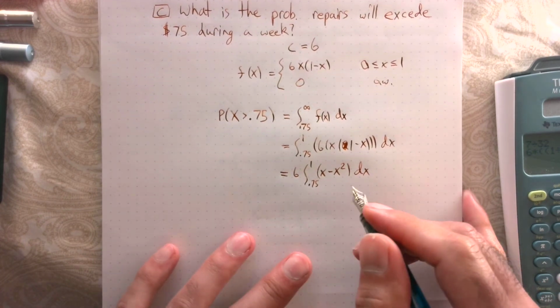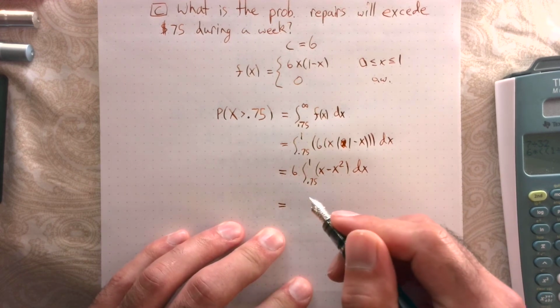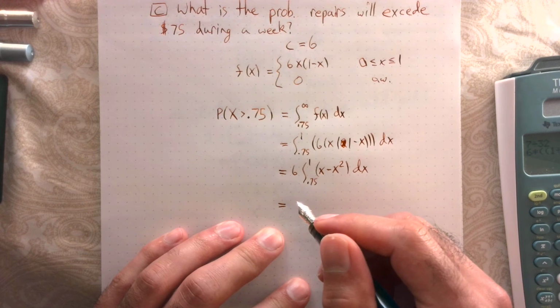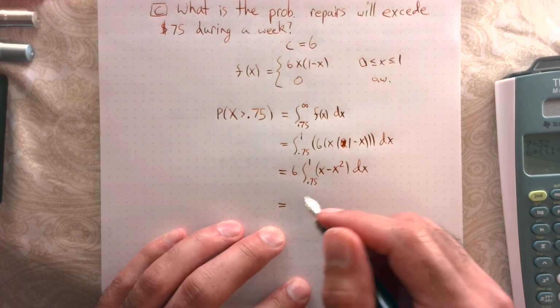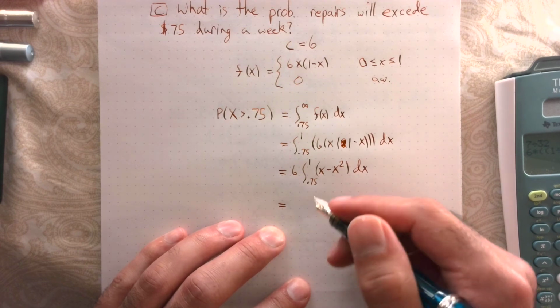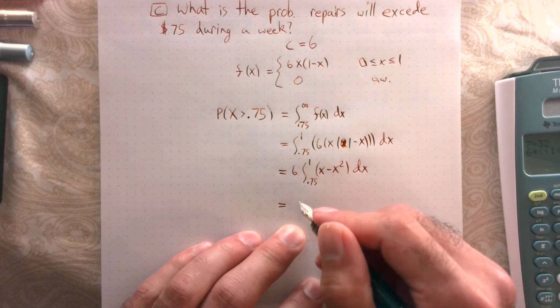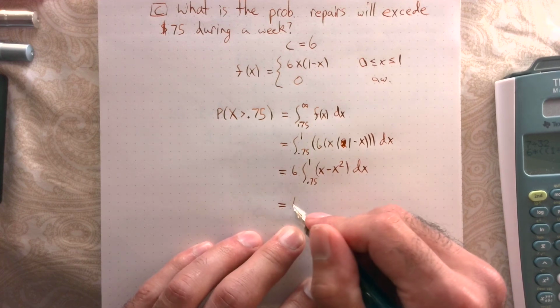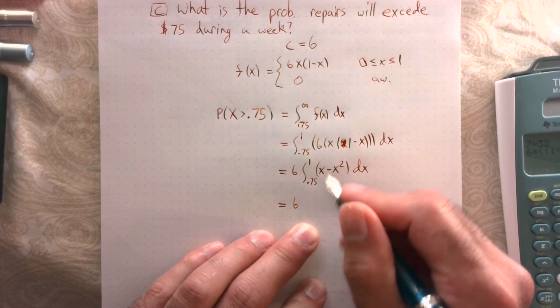So I know we just did this integral in the first part of the problem. So at some point maybe it makes more sense to do the CDF, the cumulative distribution function, if you're having to do a lot of these probabilities. But anyways, that's okay. So this is going to be 6, and now when we integrate, we add 1 and divide by the new power.